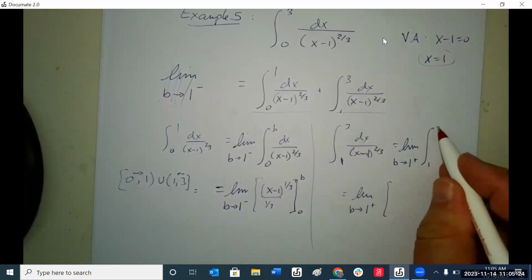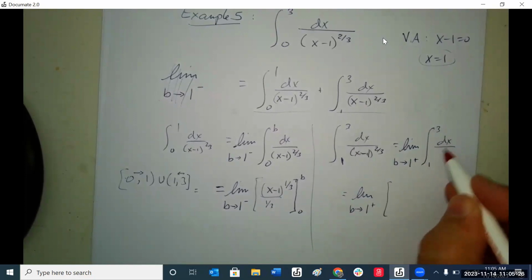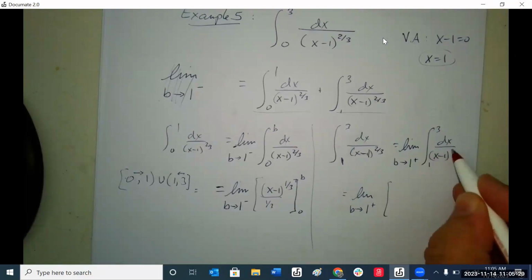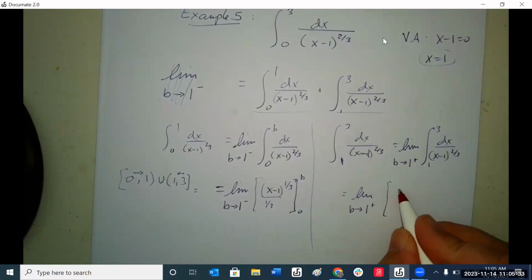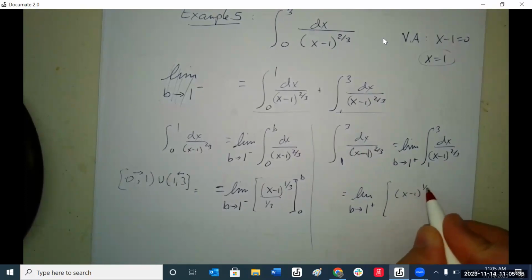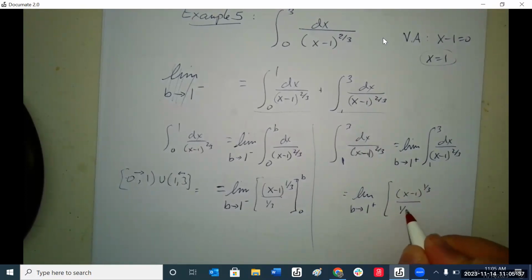The integral of this one is going to be (x minus 1) to the 1/3 over 1/3, from 1 to 3.